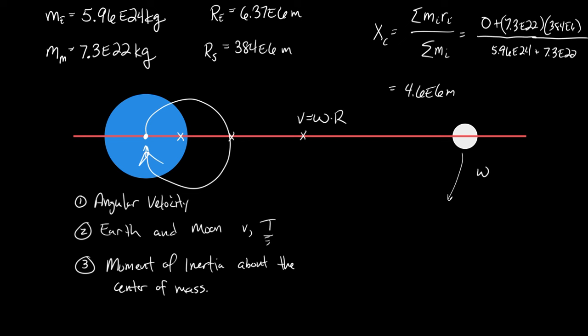I bring that up because what if you were asked to figure out the kinetic energy of the system? You could do it two different ways. I mean, you could do 1/2 I omega squared if you knew the moment of inertia of the system. Or you could do 1/2 M_E V_E squared plus 1/2 M_M V_M squared. These should be equal, right? We can treat it like 2 point masses with linear kinetic energy or one continuous mass with a moment of inertia and angular speed. The value would be the same.